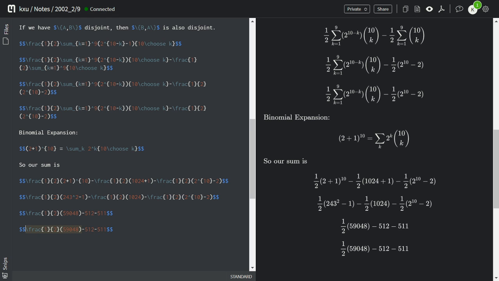Anyways, this is going to be 229524. And taking mod 1000, 524 minus 23 is 501. So our answer should be 501.